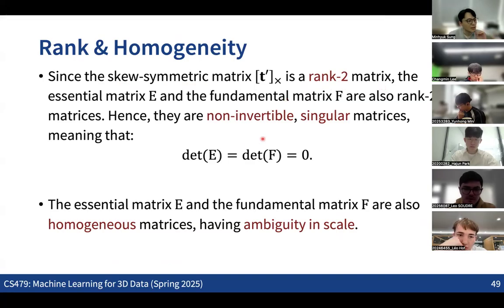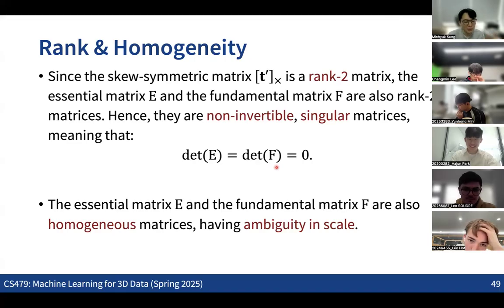And the essential matrix is represented as a multiplication with the skew-symmetric matrix, which means the essential matrix is also not full rank. It's also a rank 2 matrix. It's the same for the fundamental matrix as well. The fundamental matrix is also represented with a multiplication with the essential matrix, which means the fundamental matrix should also be a rank 2 matrix.